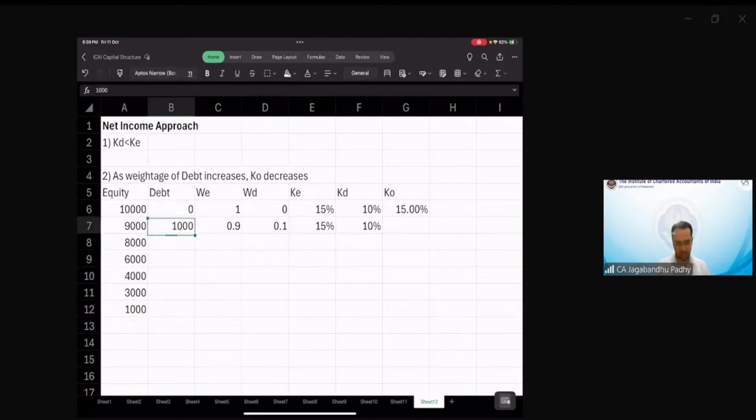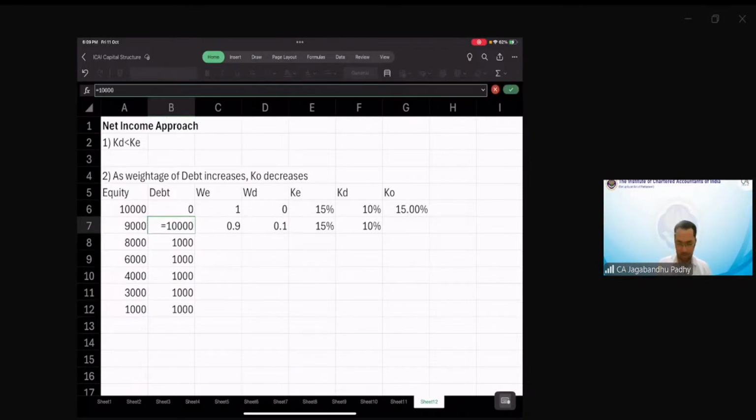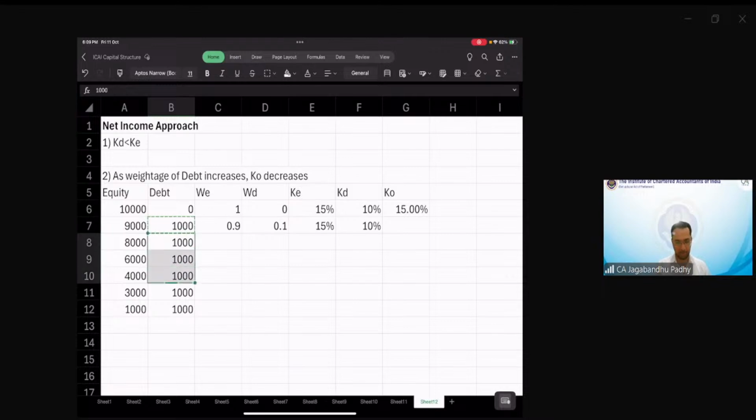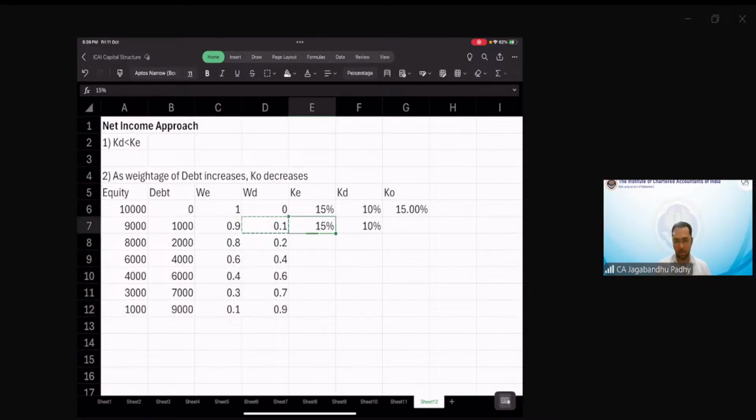So if these are the equities, and let's say the debt, debt will be 10,000 minus this. These are the debt values. Can you tell me for each one of them what is the overall cost of capital? Tell me, what's the overall cost of capital for each of these scenarios?